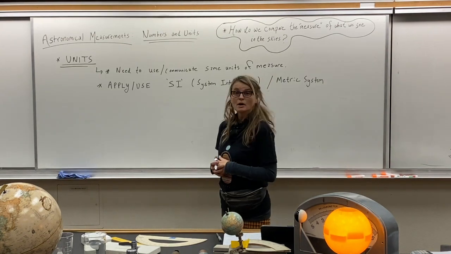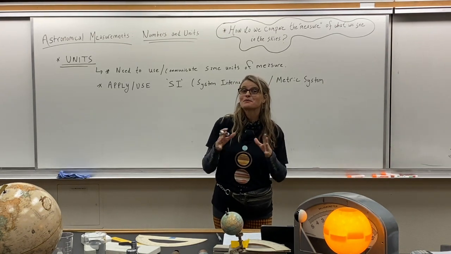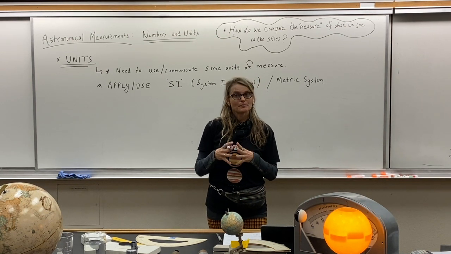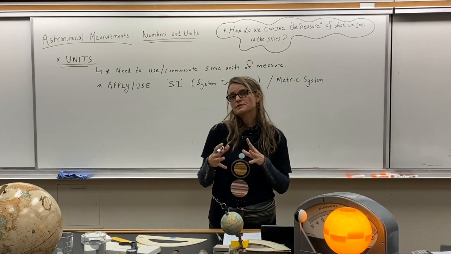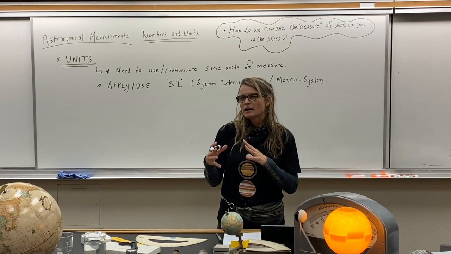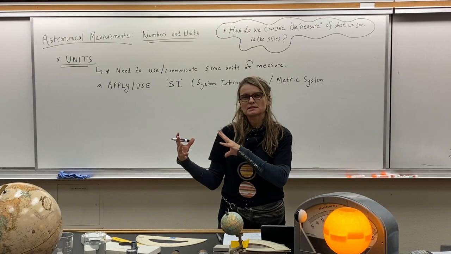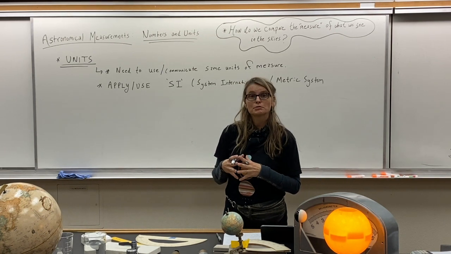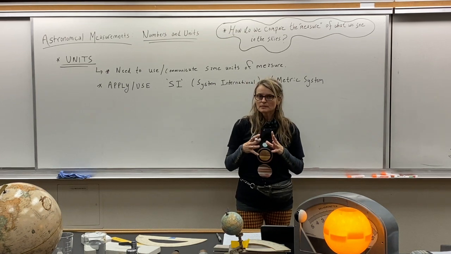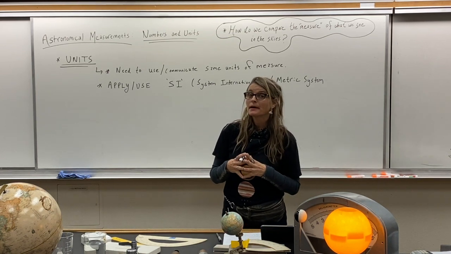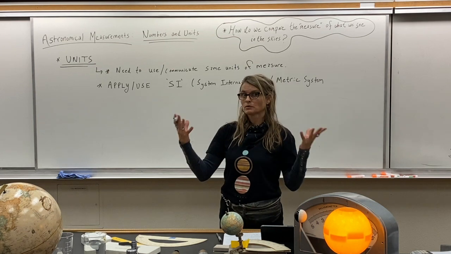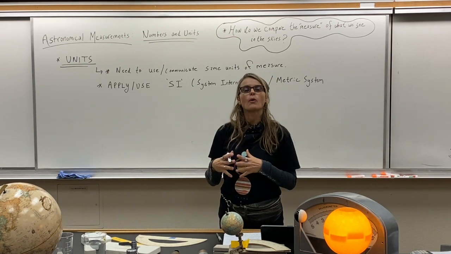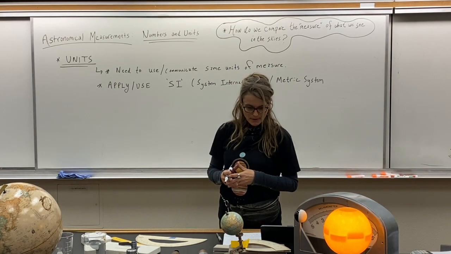So astronomy, just like all the other sciences, relies on the SI unit standards in the metric system. So what happens is we use the metric system, and if units are not in the metric system, we do conversions to put them inside the metric system. But the SI units of standard are defined worldwide, and they're the base units we use for all the other measurements that we make.